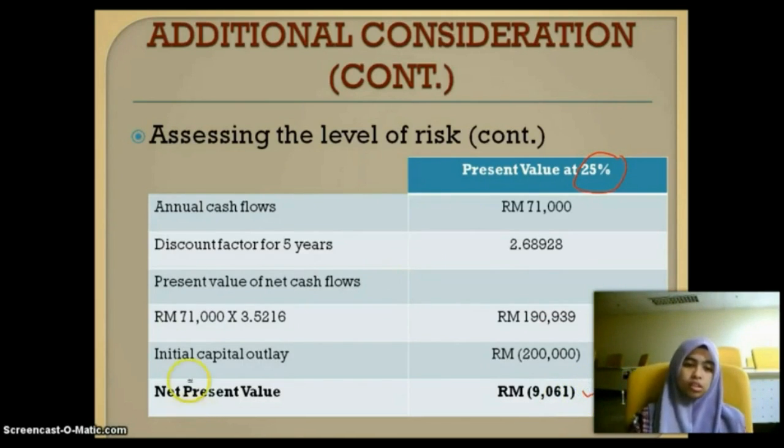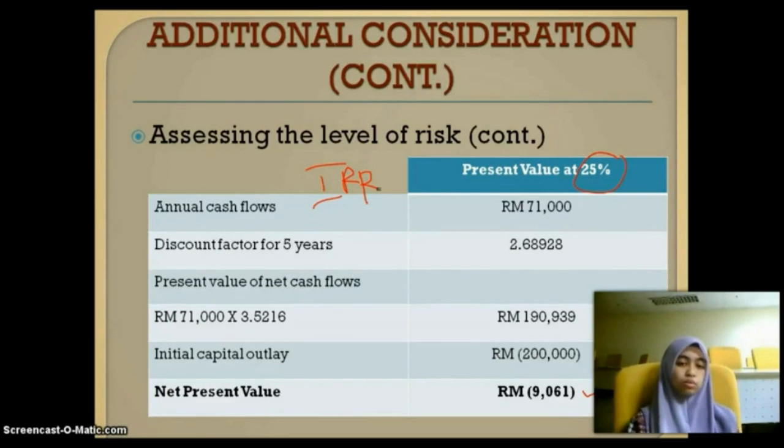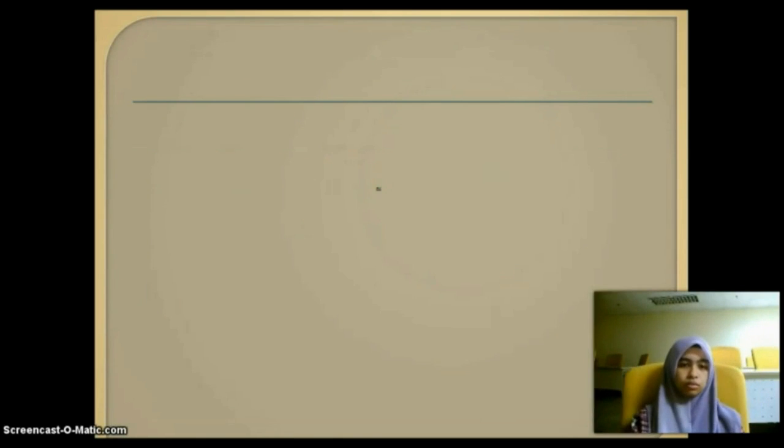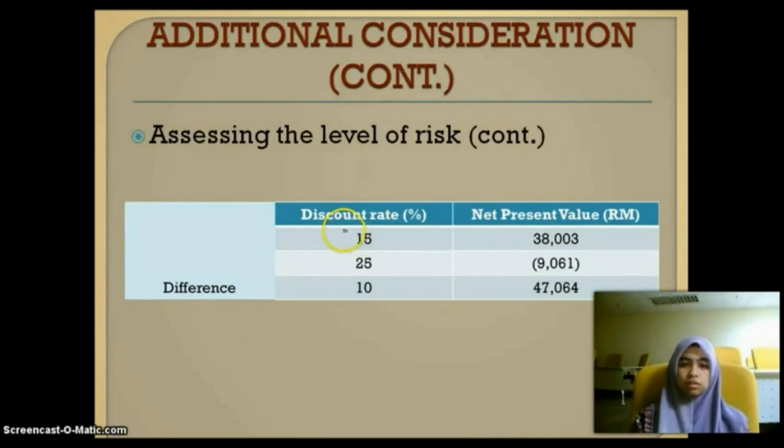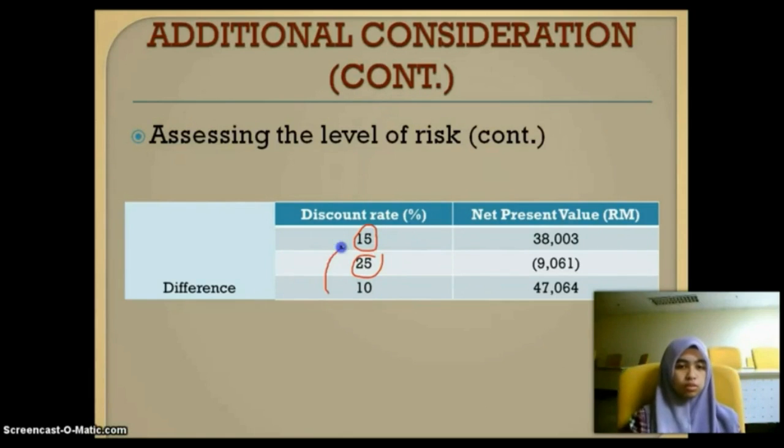So here, usually the manager will use the IRR method to assess the sensitivity of the proposal. But here, in assessing the level of risk, we use the difference of the discount rate, which is 25% and 15%, so the difference is 10%, and the net present value is positive.